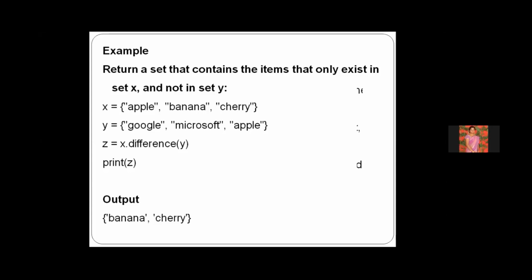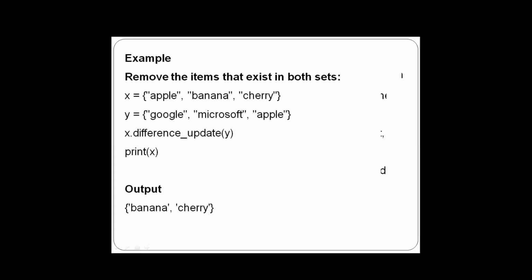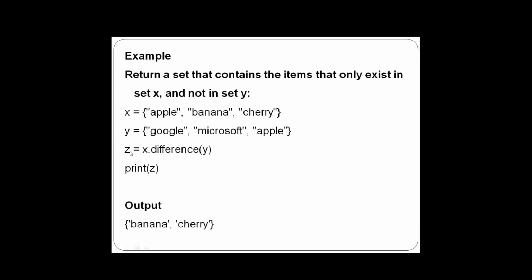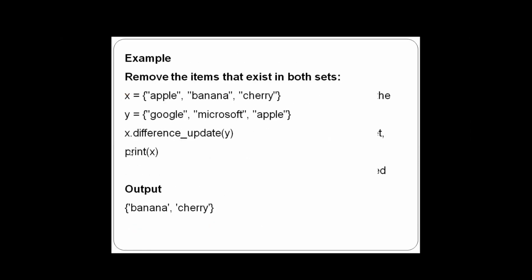Right. So now when you say here X dot difference of Y, previously this was Z is equal to, but here it is not the same. You are not creating a new list here.